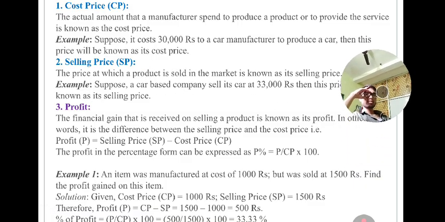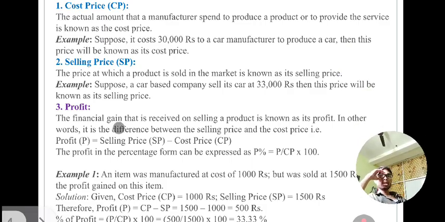Selling price is the price at which a product is sold. I sold my product at this much price, so this price will be the selling price.